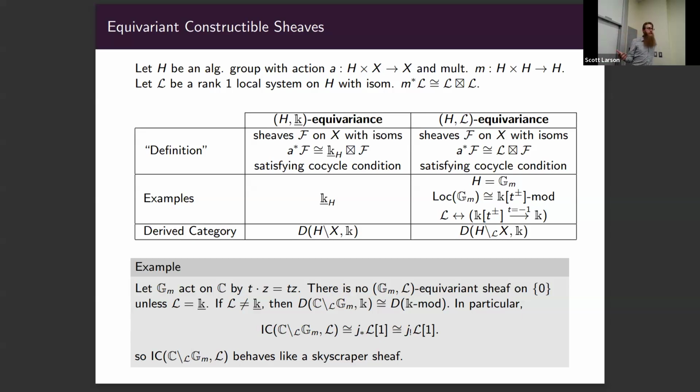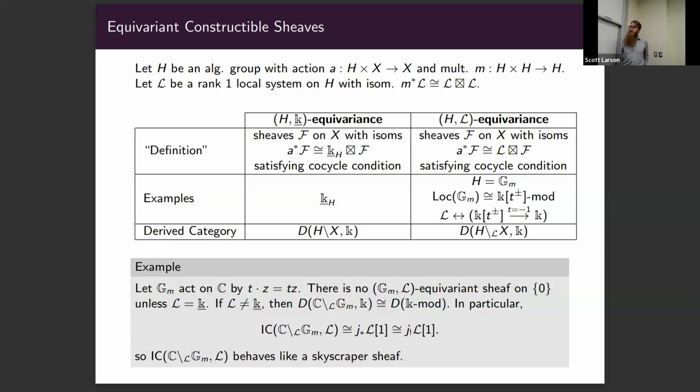And the reason for this is that this small point 0 is too small to support such an equivariant constraint. All the sheaves on the point are just copies of the constant sheaf, direct summed together and whatnot. There's no equivariance that's not just the usual trivial equivariance.